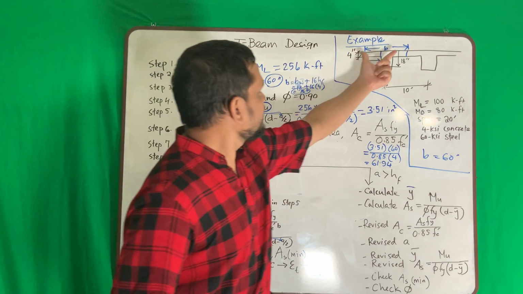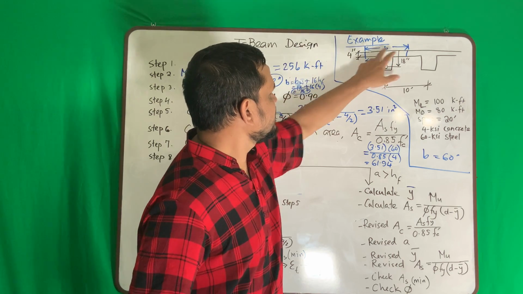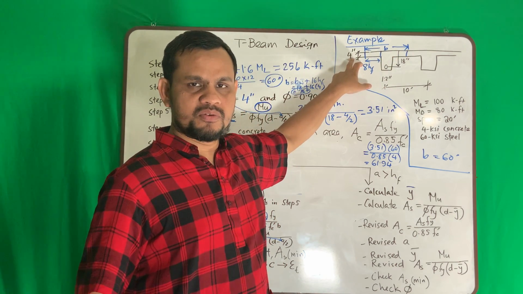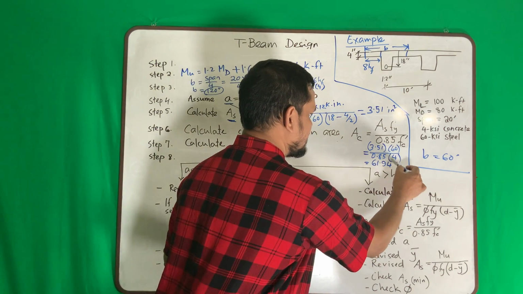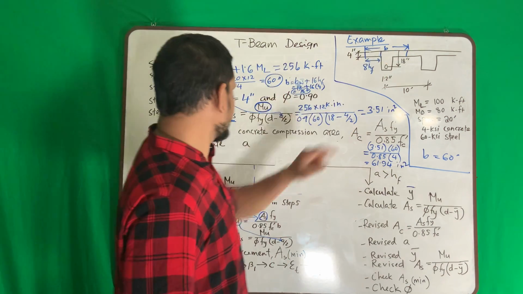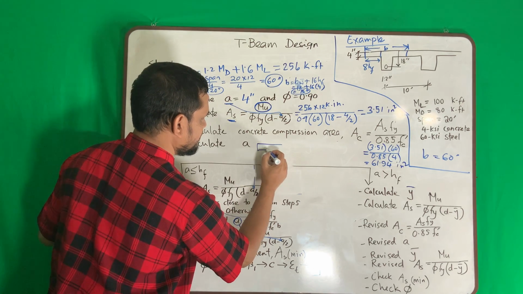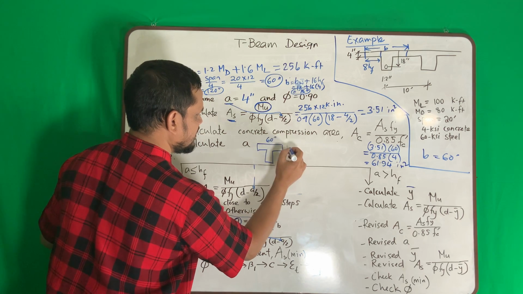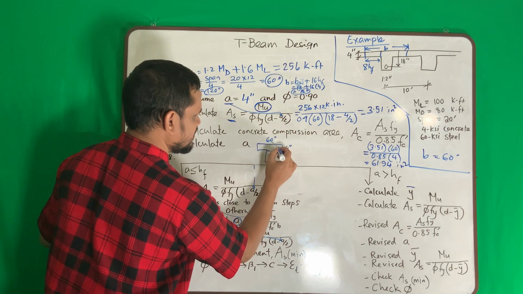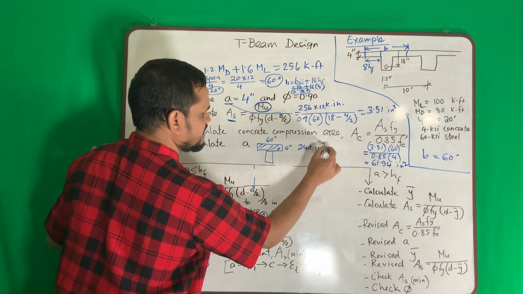So this portion is 60. This is 4. So 60 times 4 is 240 inch square. So obviously this area is inside my flange. If it is not clear to you, this is 60 inch, this is 4 inch, so the area of this is 240 inch square.